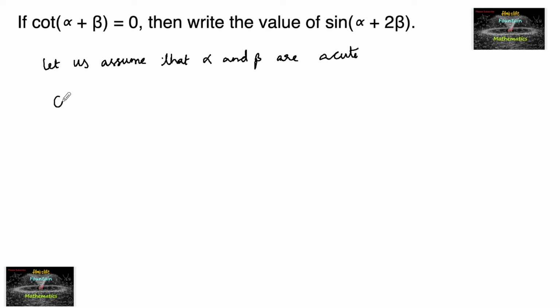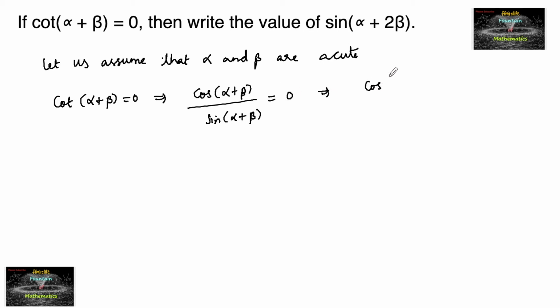So that cot of alpha plus beta equals 0 implies cos of alpha plus beta upon sine of alpha plus beta equals 0, which implies cos of alpha plus beta equals 0, where sine of alpha plus beta is not equal to 0.